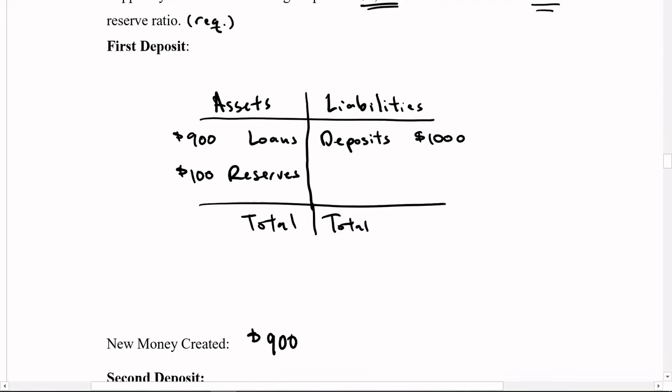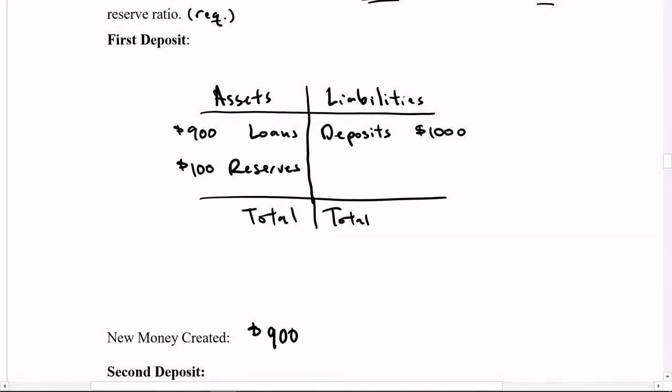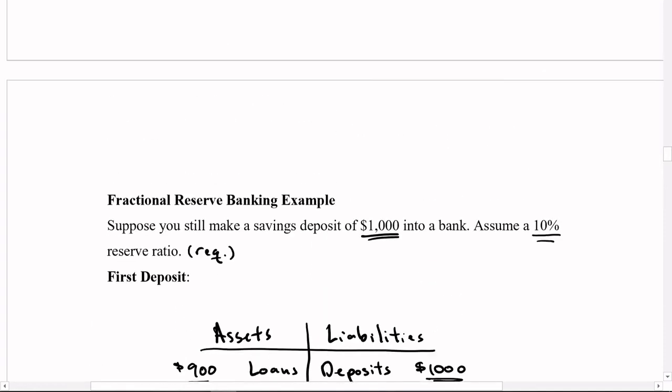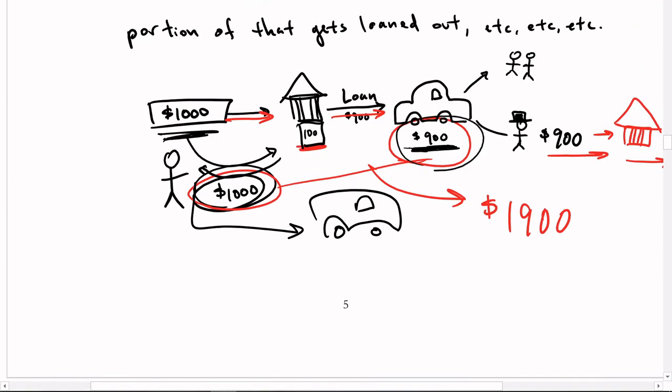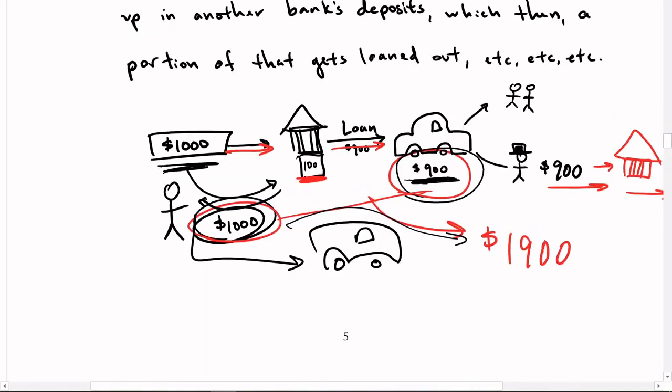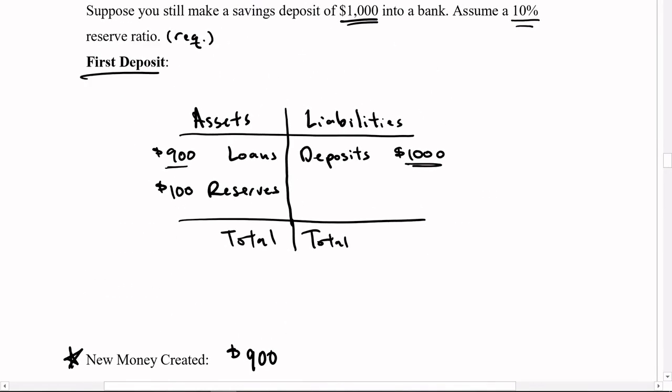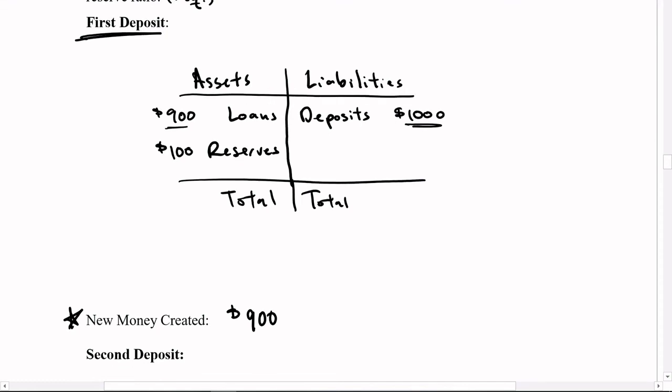So, like we saw up above, the total money in the economy now is $1,000, which the original depositor can go back tomorrow and take out. But there's also $900 new money created through the loan. And so that's kind of what we had up here. Here's the new money and the original money for the total. Okay, so new money created in this first deposit is $900.